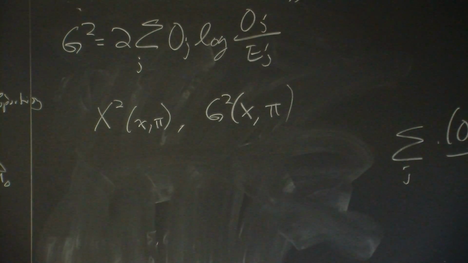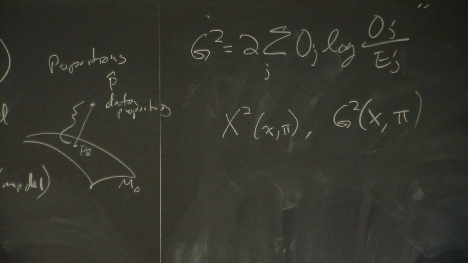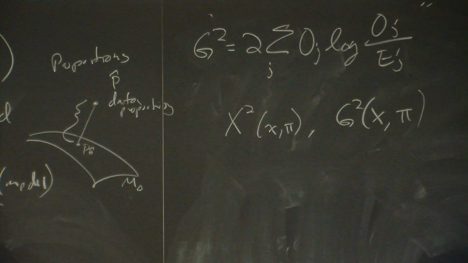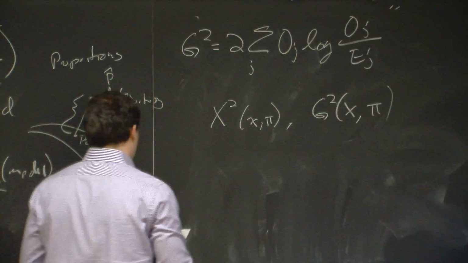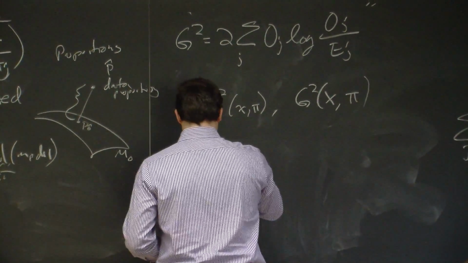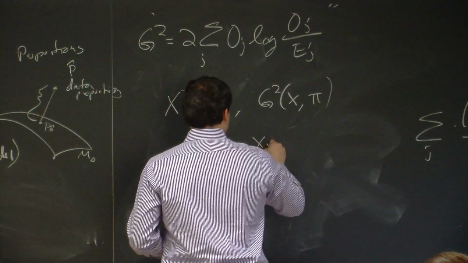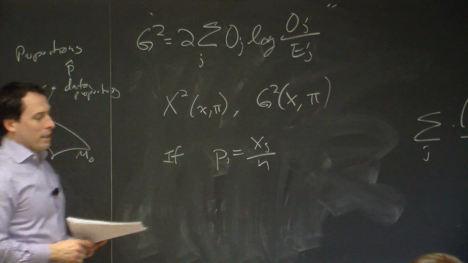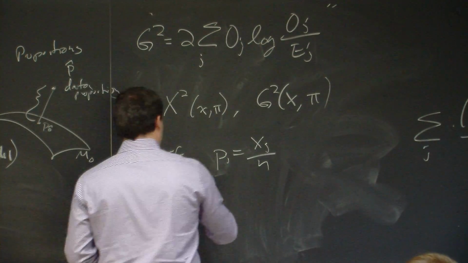They measure this distance. Now, what can we say about them? Well, okay, so if we just set these things to be exactly equal to the proportions we observed, then both statistics are 0.